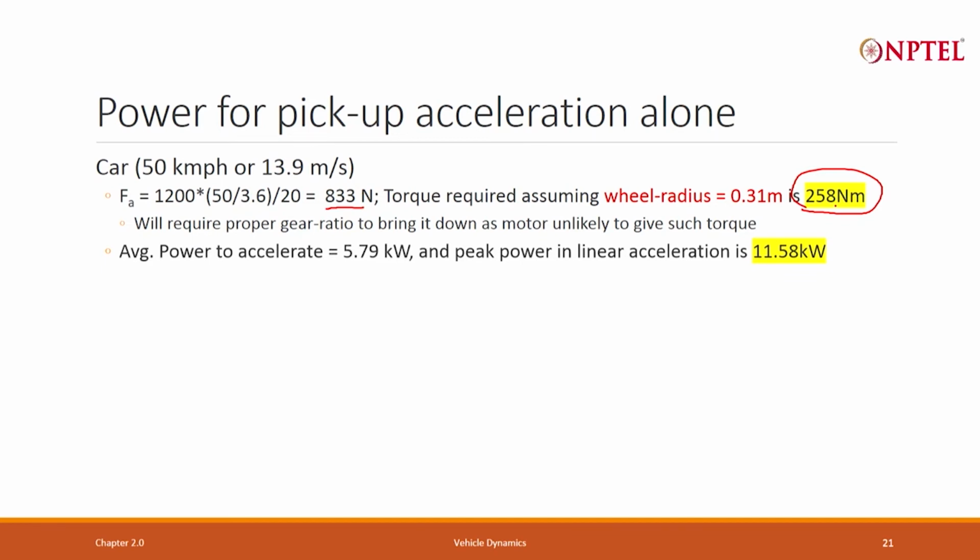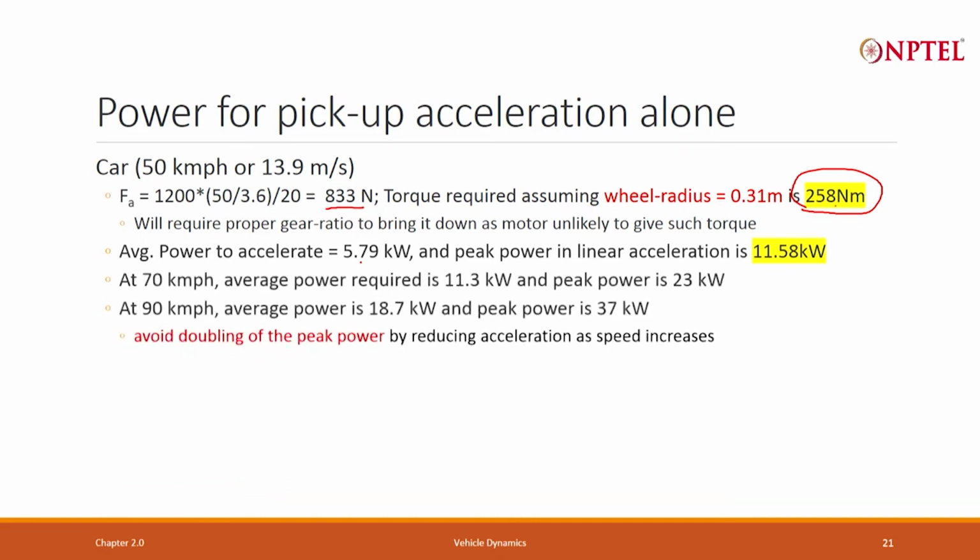Average power requirement to accelerate is 6 kilowatt, not that bad. Peak power requirement is 12 kilowatt. And this is at 50 kilometer. If I went to 70 kilometer, my peak power requirement is going to go to 23 kilowatt, and if I went to 90 kilometer per hour, my peak power requirement will go to 37 kilowatt. So, if I go to higher and higher speed, and I still want to accelerate in 20 seconds, my power requirement will go higher and higher.